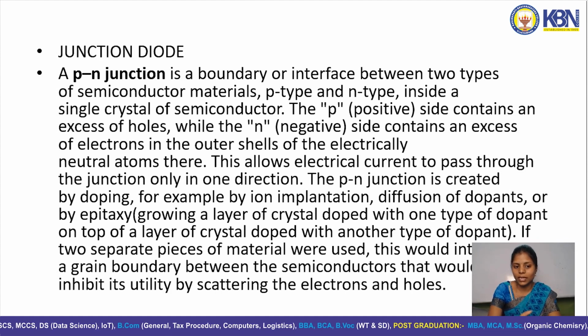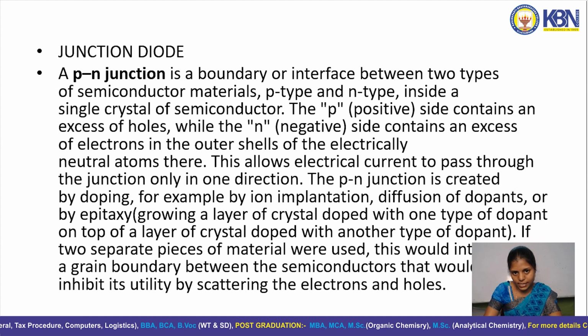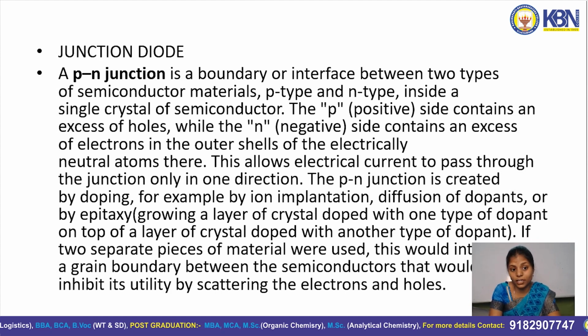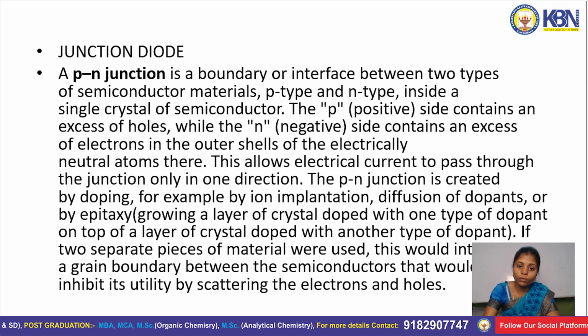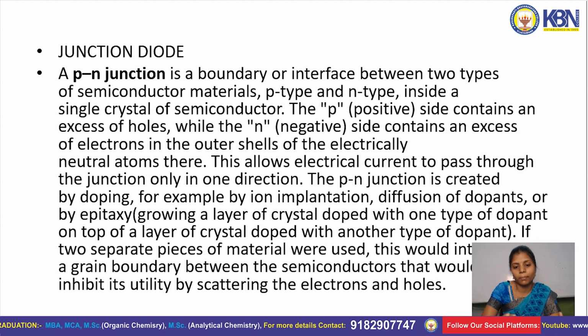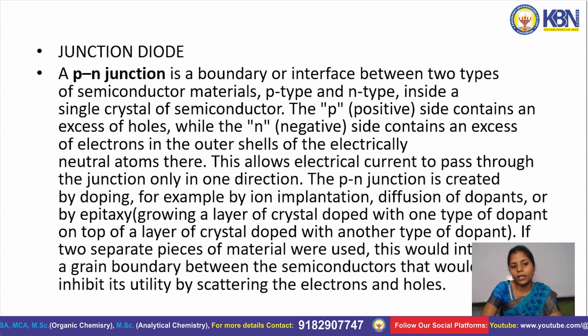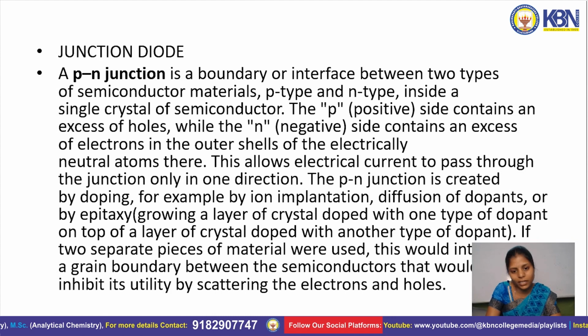Due to this, the junction between the N type and P type breaks down and conduction starts. So there is a flow of current in the diode. This flow of current makes the diode come into the on condition, or a working condition.